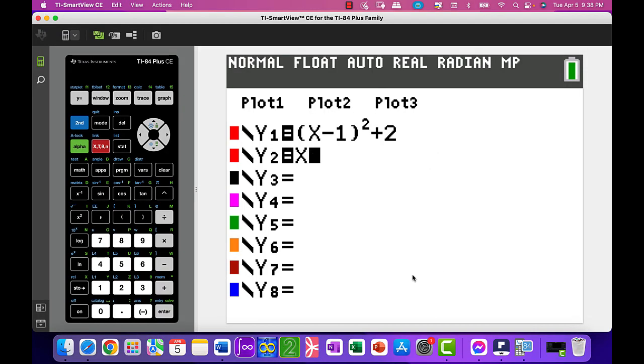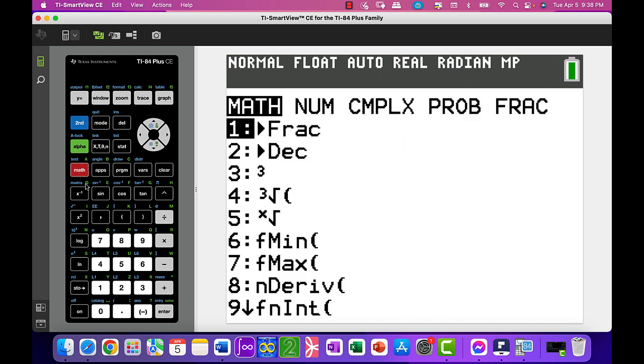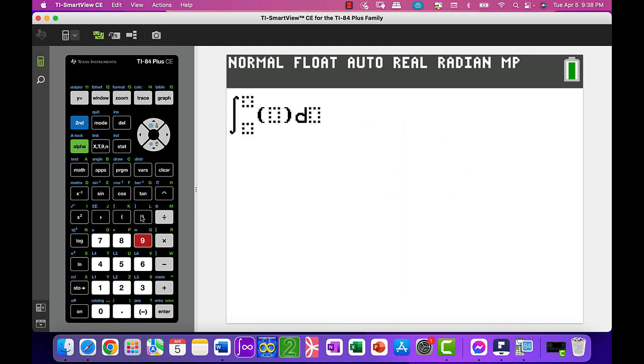I'm going to refresh your memory on how to do it on the calculator. I put my big R in Y1 and little r in Y2. Then I go to math and down to number 9, FNINT.